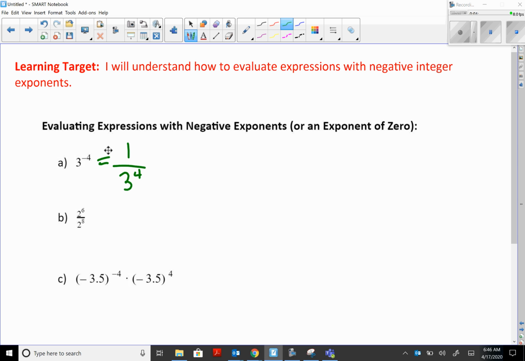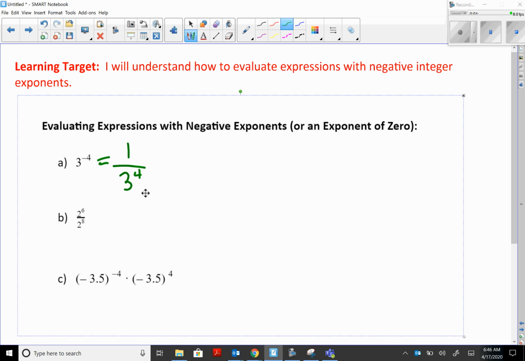If what you have is not written as a fraction, that base number and that negative exponent are going to be moved into the denominator of a fraction with a positive exponent. So it's 1 over 3 to the 4th power. That eliminates the negative symbol from the exponent.